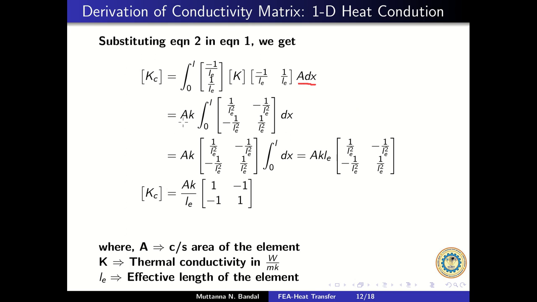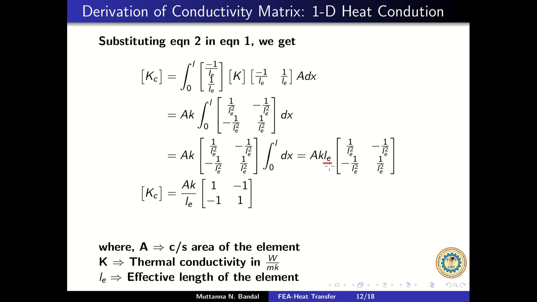So I'll take this A out as it is and this K out as it is, because those are constants. Even these constant terms I'll take out, and the leftover is the integration from 0 to L of dx, which will give the value of LE.